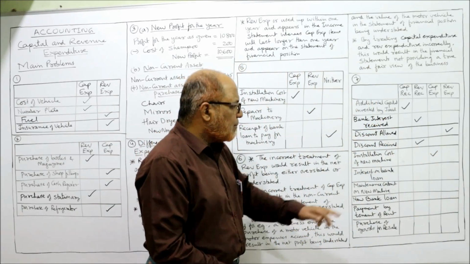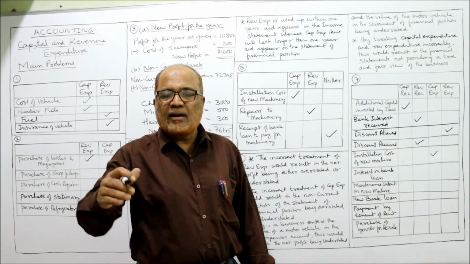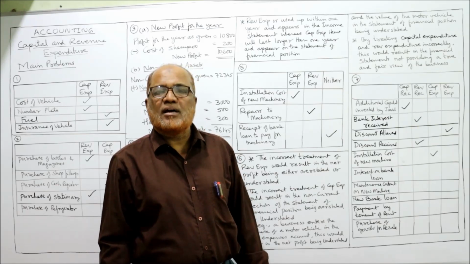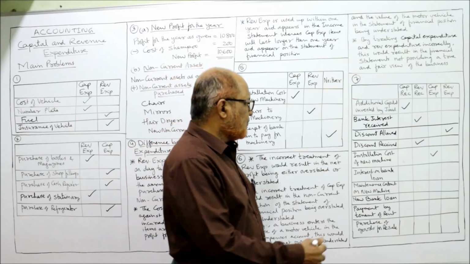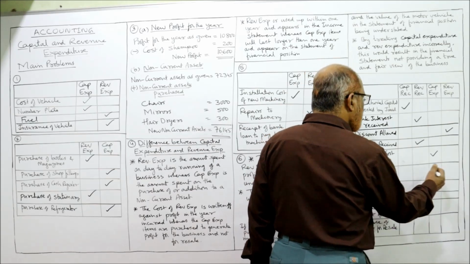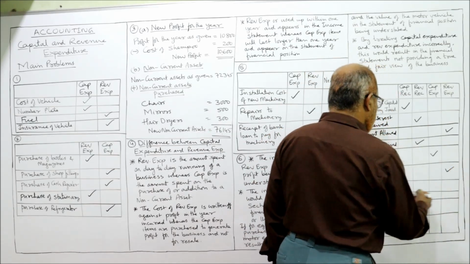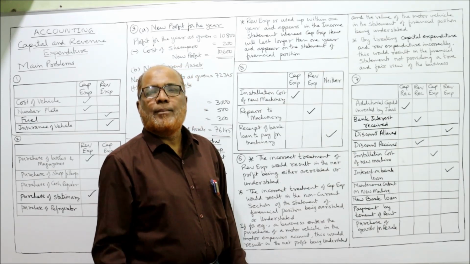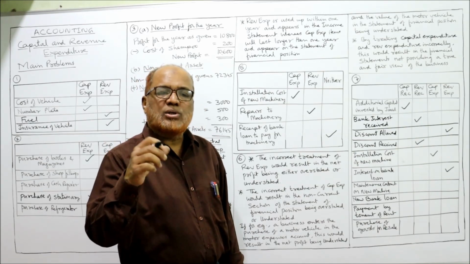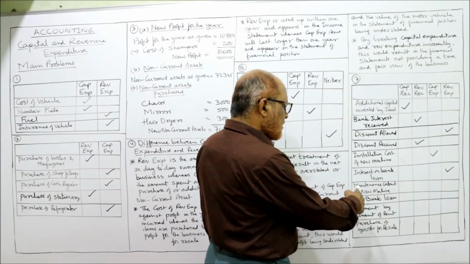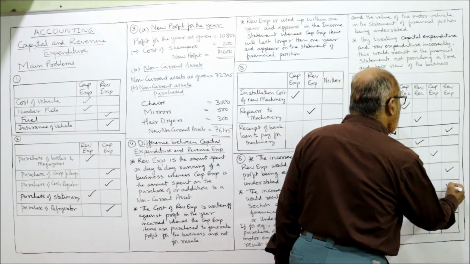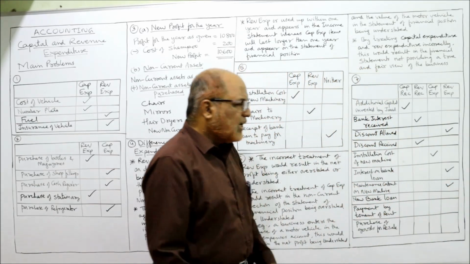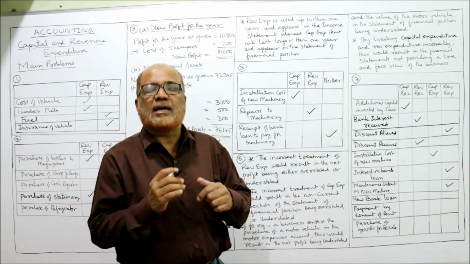Now interest on bank loan, that is a revenue expenditure. Then maintenance contract on new machine. Maintenance expenditure is also a revenue expenditure. Next one, new bank loan taken.